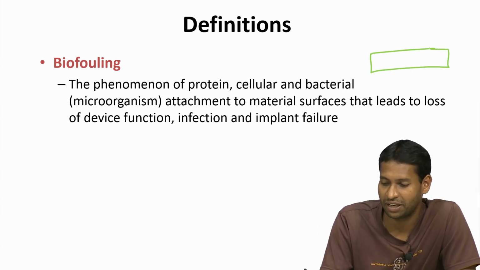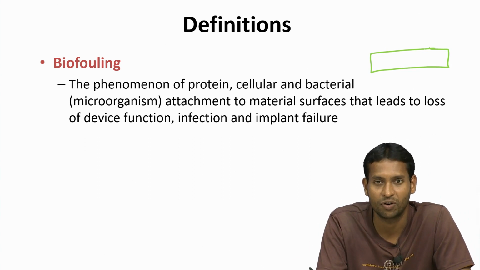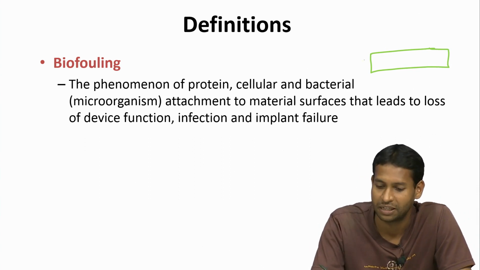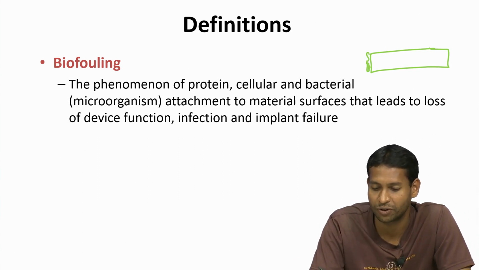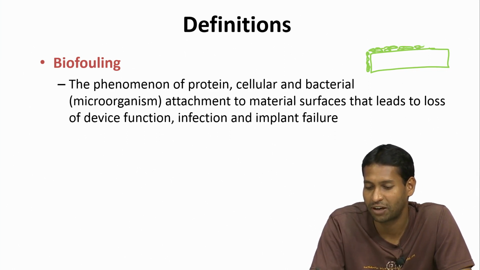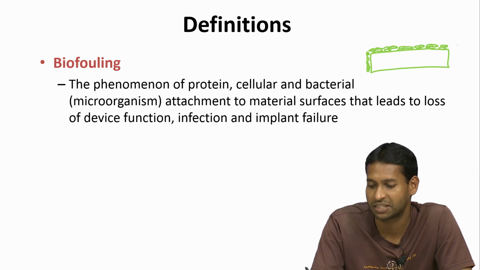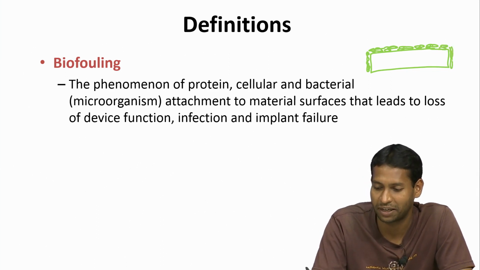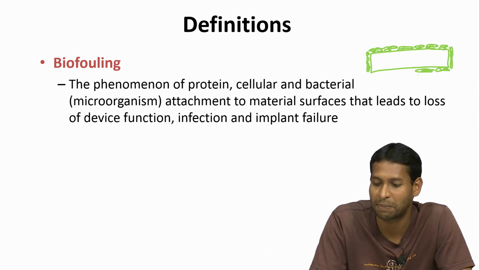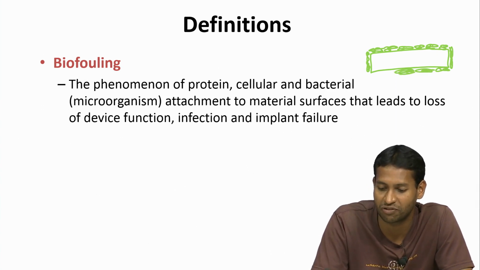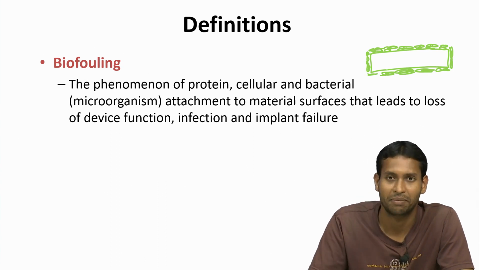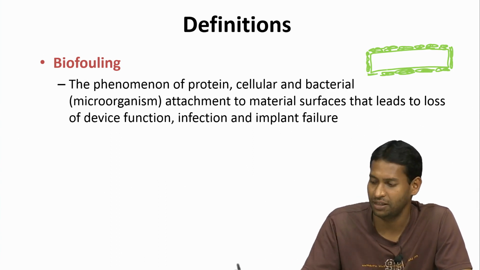So, if I have an implant and I put it in the body fluid, what typically happens in the first step is that protein starts to coat over it. And this is essentially nothing but biofouling, where the surface is now being fouled by the biomolecules. This could be good, this could be bad, depending on the application, but essentially this phenomenon is biofouling. And then the cells can come in, and that is also a part of biofouling.